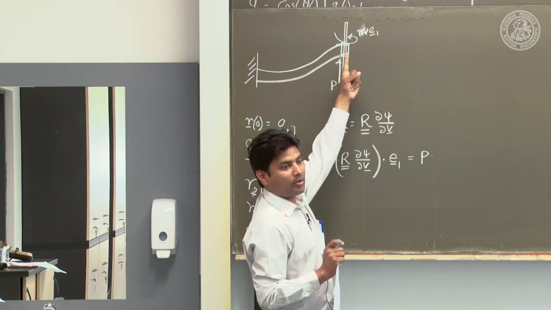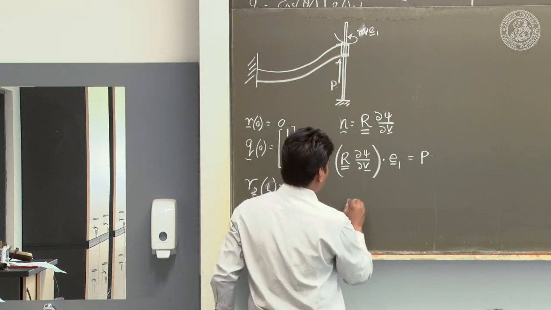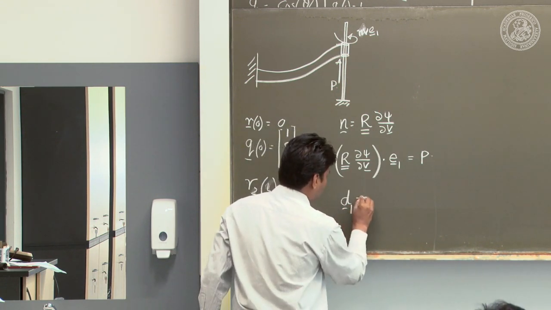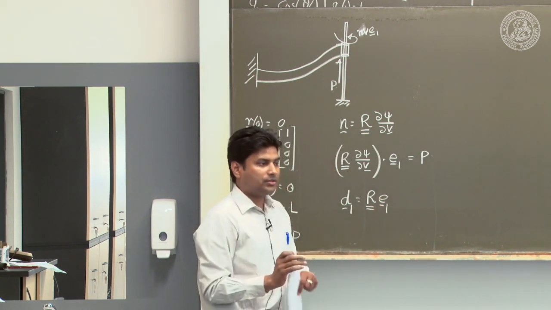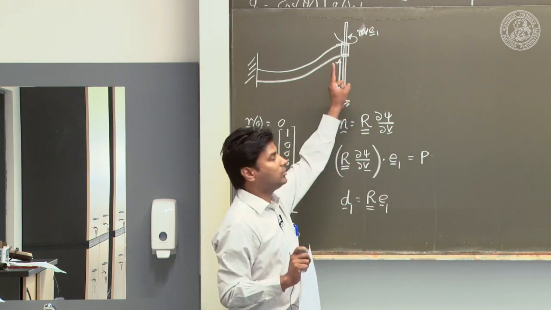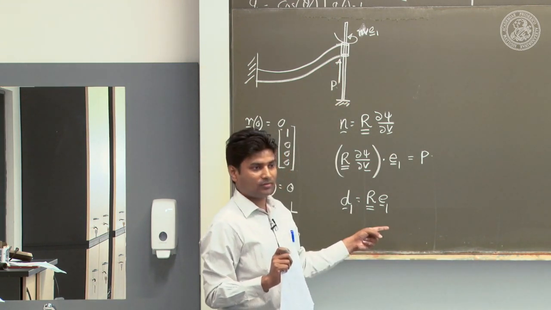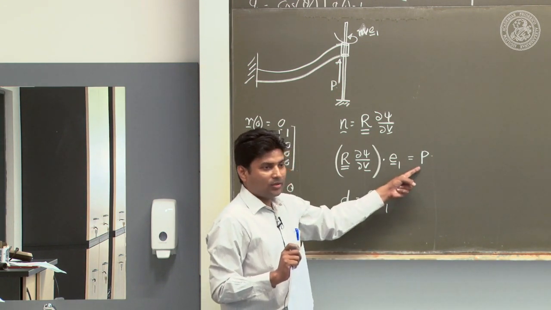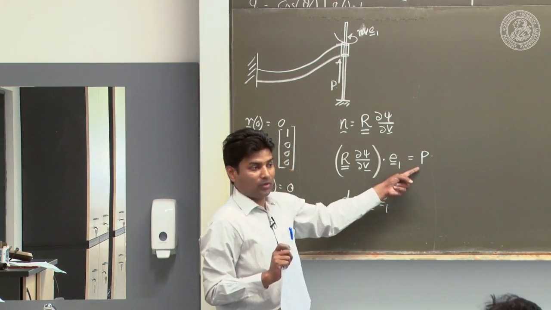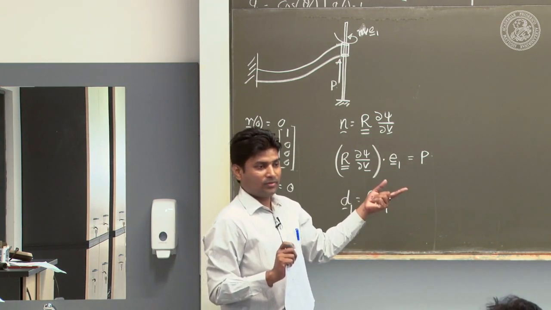If the rotation is about E1 axis, what's D1 equal to? It's R times E1. But since the rotation here is about E1 axis, D1 is same as E1, right. So, this P is also your big N1. So, little n1 is same as big N1.